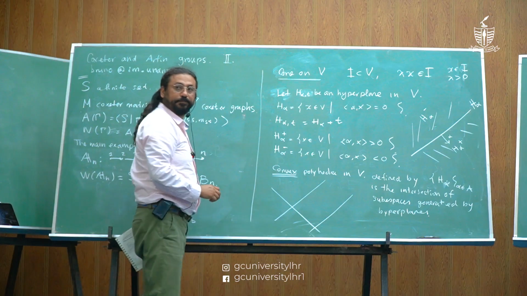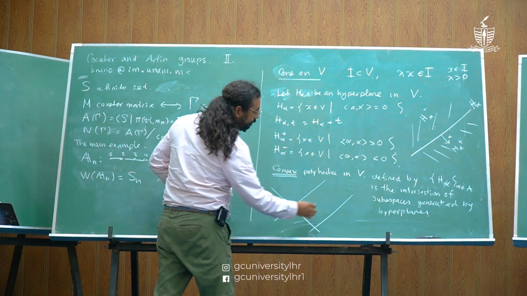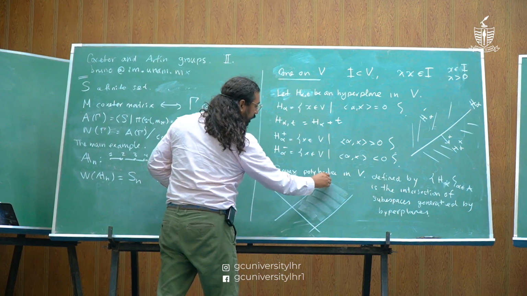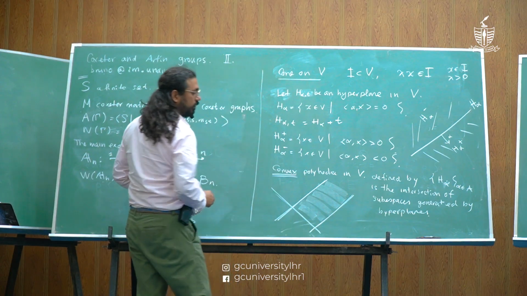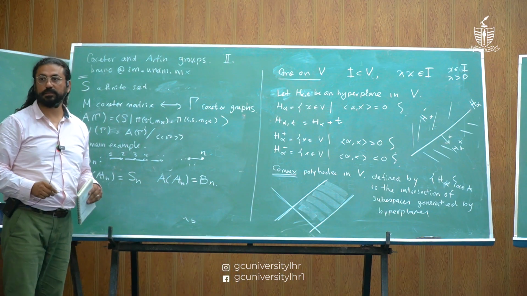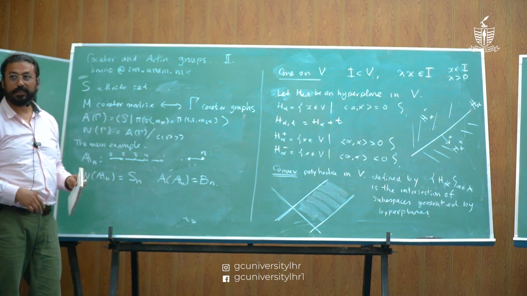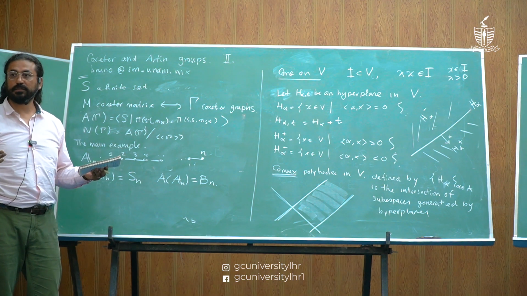It is clear, right? Because, for example here, this will be the intersection of this. This will be a convex polyhedron, right? It doesn't need to be compact, not bounded, right?